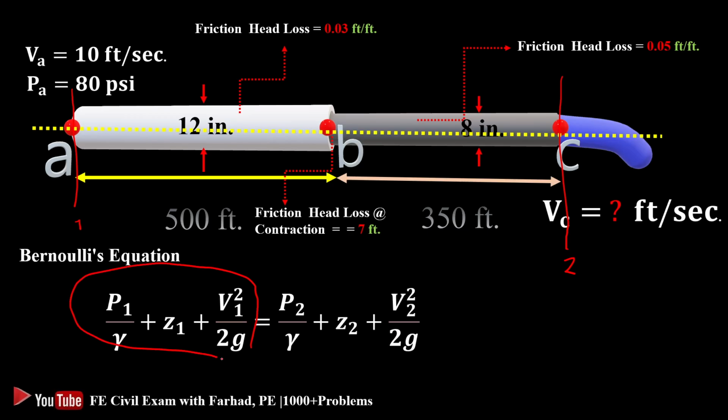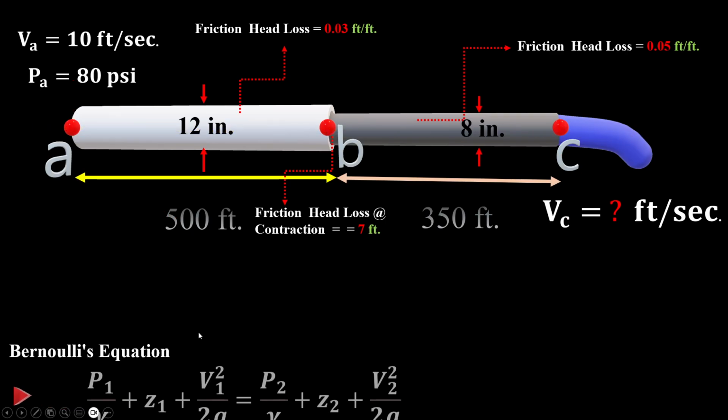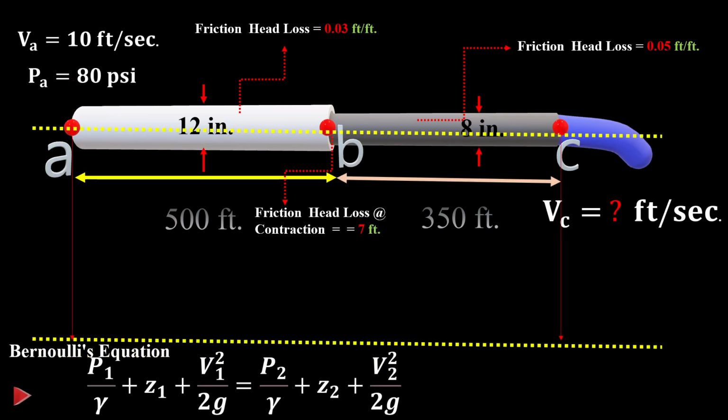The first part of Bernoulli's equation applies for the first cross section. The second part applies for the second cross section. So P1 over gamma, definitely gamma of water, plus Z1, which is the height from a reference, plus velocity at point 1 squared over 2g. If the center lines of the pipes at each location stand at the same level, then Z1 and Z2 simply cancel out.